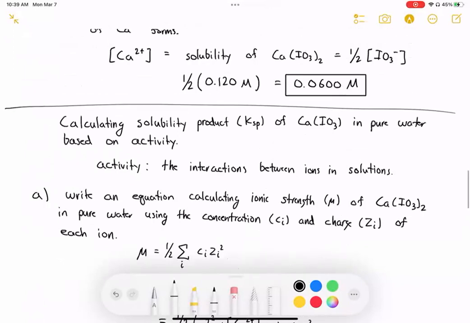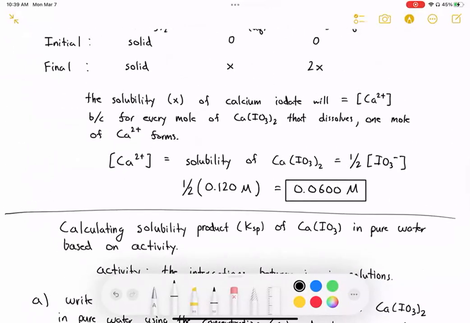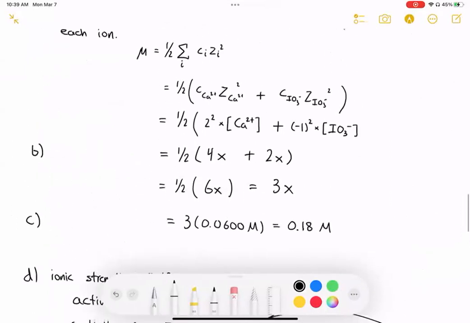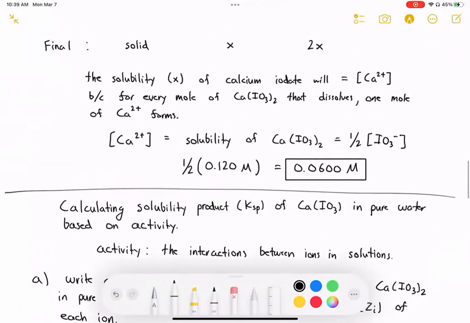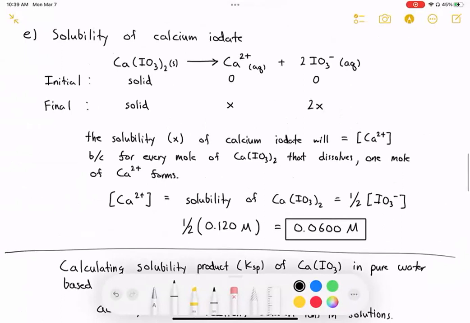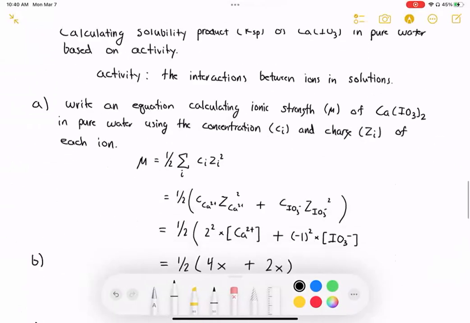Yeah, that is correct. That should be correct. If our solubility of iodate is 2 times, then our solubility for X should be 1/2 that. So it should be 0.0600 molar.